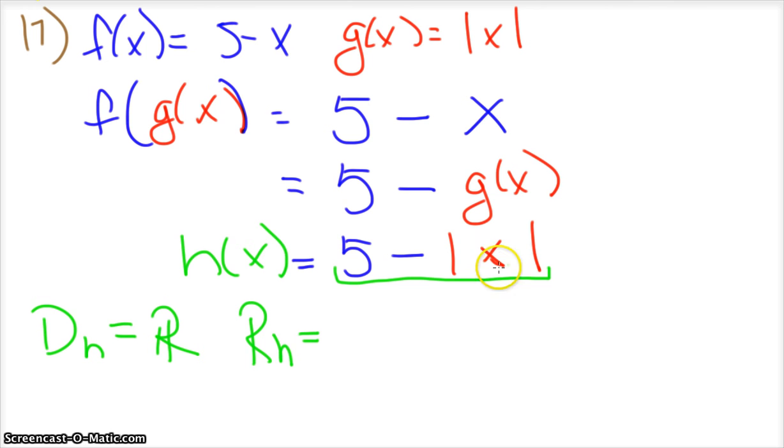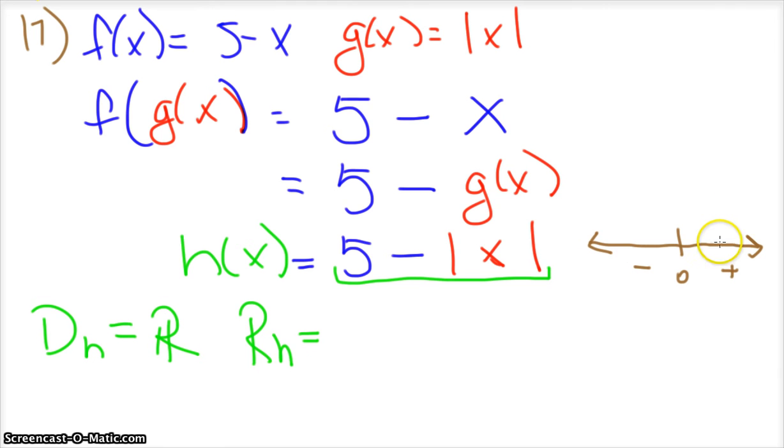No matter what number I use in here, I'm going to end up with a positive number as a result, unless it's 0. Okay? So let's go with 0 for a minute. And I'm going to draw a number line in brown, just so we can envision this a little bit. Positive numbers and negative numbers.